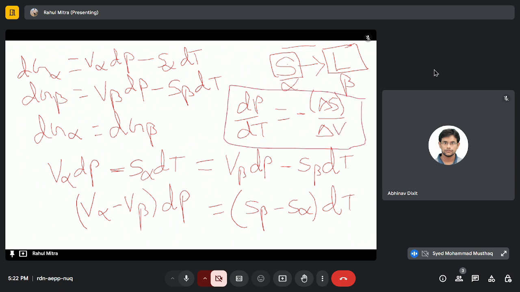This equation is called the Clausius-Clapeyron equation, which tells about how the pressure changes with respect to the temperature when two systems are in equilibrium.